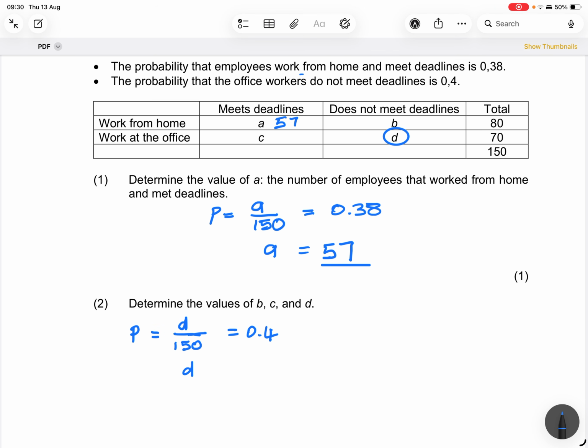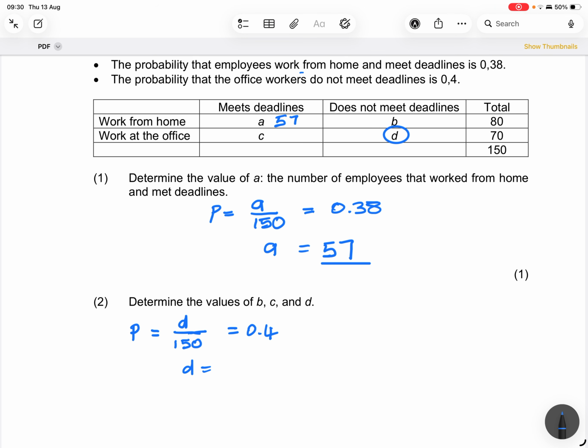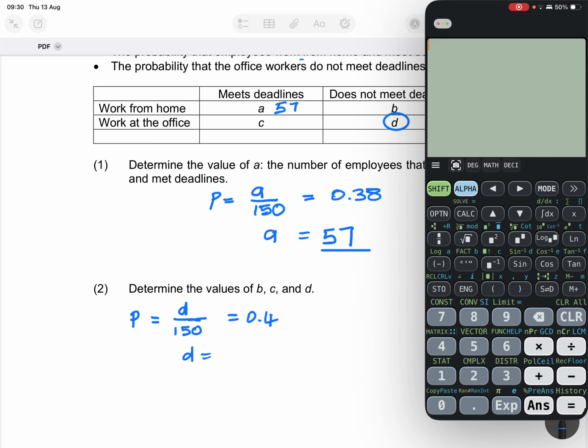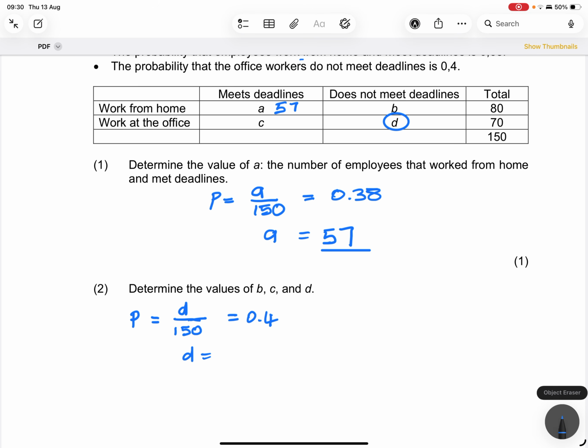So in that case, D is 150 times 0.4, and that means that we've got 60 in total. And now we would be able to calculate the other numbers.